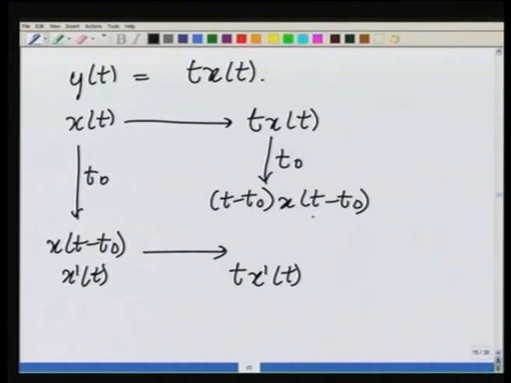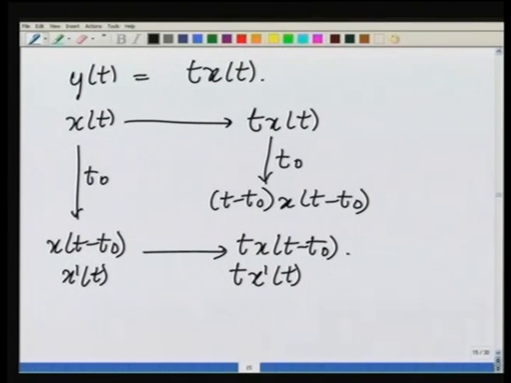The system multiplies the input by t. So, what is t x dash(t)? That is equal to t times x(t minus t naught).